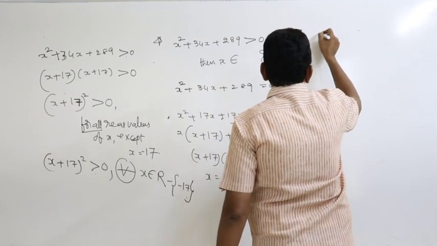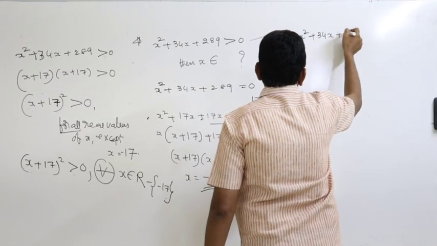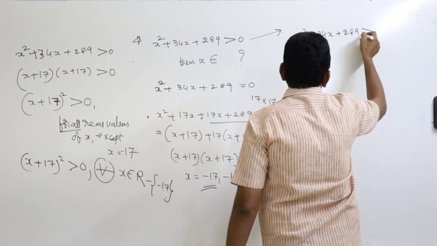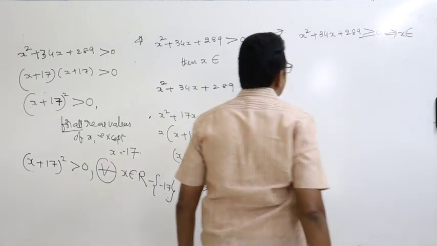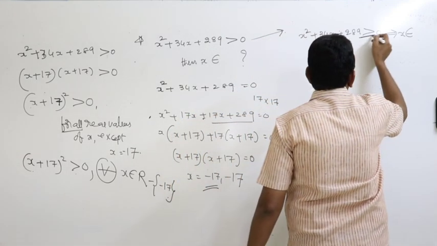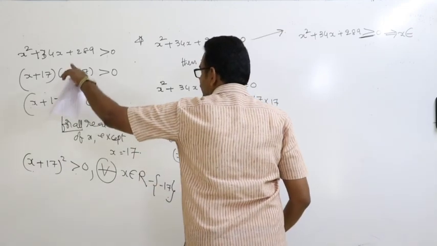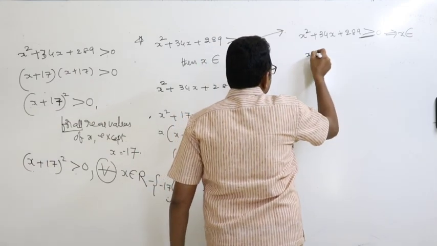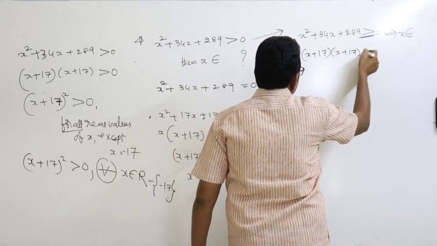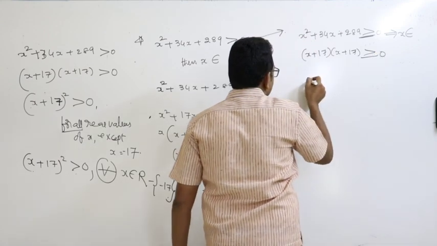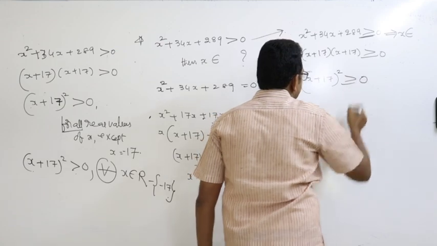The question is given like this: x square plus 34x plus 289 is greater than or equal to 0, implies x belongs to. See, observe this. This is greater than or equal to 0. As usual, the factors are x plus 17 into x plus 17. x plus 17 whole square is greater than or equal to 0.